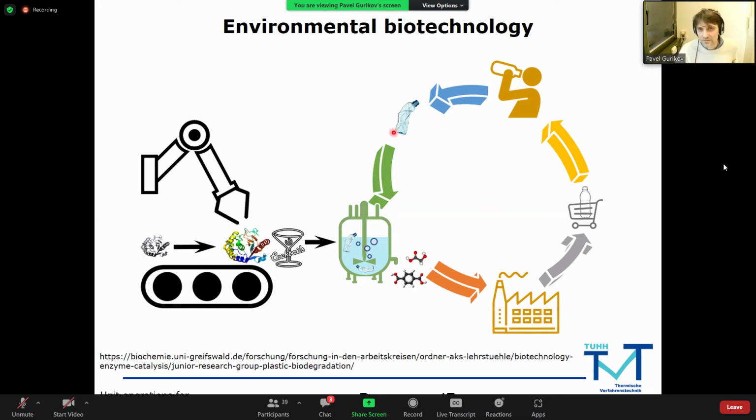There are all possible contaminants, and you have an extremely complex mixture, and your enzyme has to still work and destroy plastic, no matter what heavy metals, food residuals and so on are present in the fermenter.